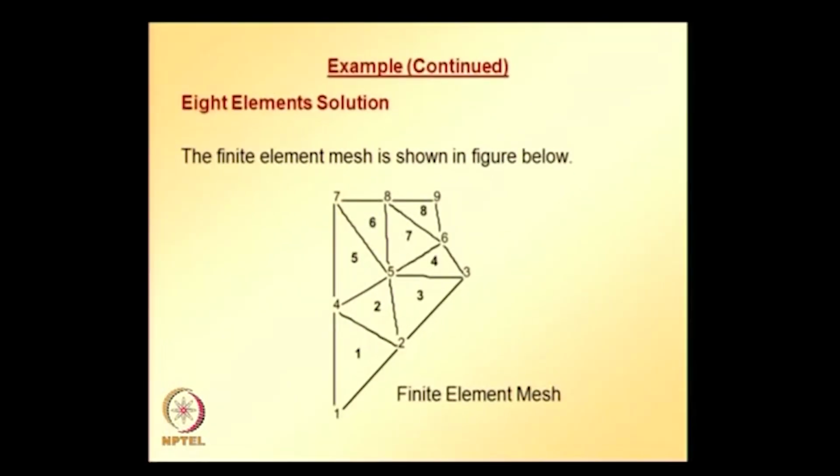So let us see. 500 degrees Fahrenheit is specified on nodes 3, 6, 9 because those are the nodes along the inner diameter of the model, and a temperature of 100 degrees Fahrenheit is specified along 1, 4, 7, because that is the edge which is in contact with the outside for the model, and 0 flux is specified along 7, 8, 9, which is one line of symmetry, and 1, 2, 3, which is the other line of symmetry.